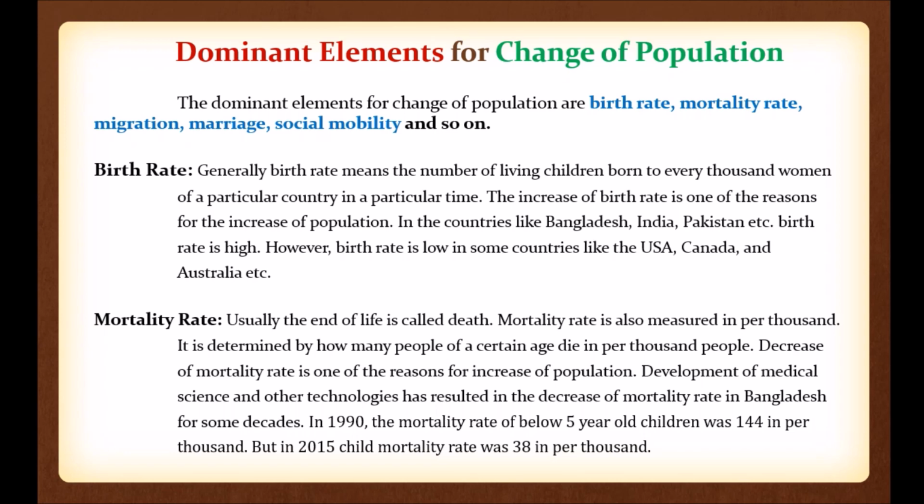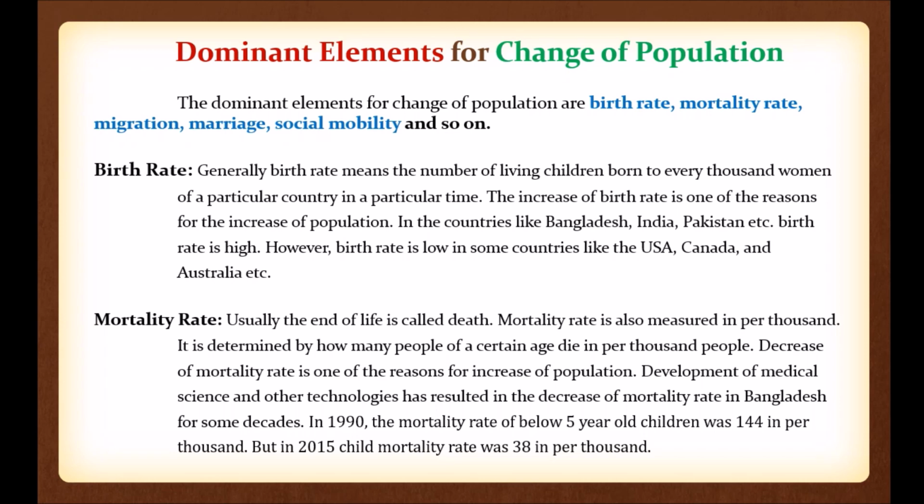Development of medical science and other technologies has resulted in the decrease of mortality rate in Bangladesh for some decades. In 1990, the mortality rate of below 5-year-old children was 144 per thousand. Remember, mortality rate is also measured per thousand. It is not per 100, rather per thousand.